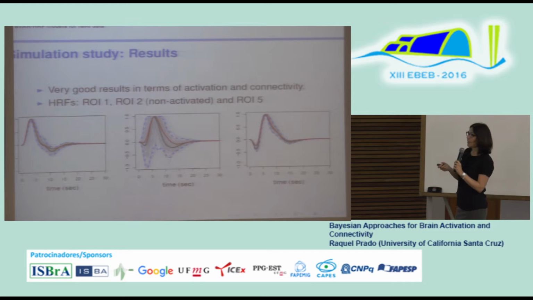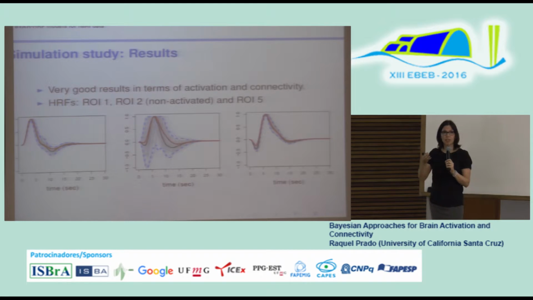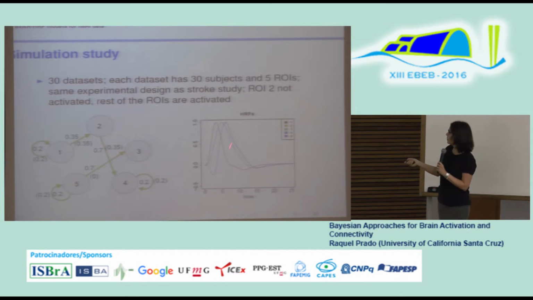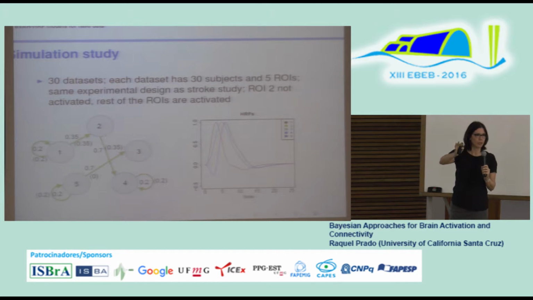One thing that is important that we learned from the simulation studies is, as I said, in most of the models, people just assume I'm just going to use the canonical hemodynamic response function and run my model and see what happens with my activation and my connectivity. What happens is the impact in the results in terms of the activation and connectivity is huge.